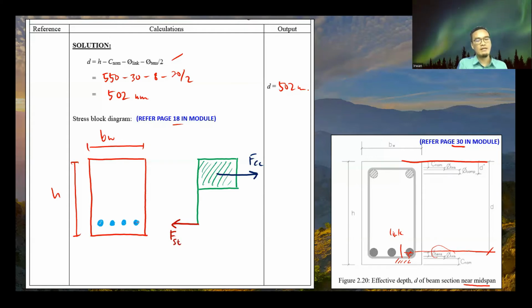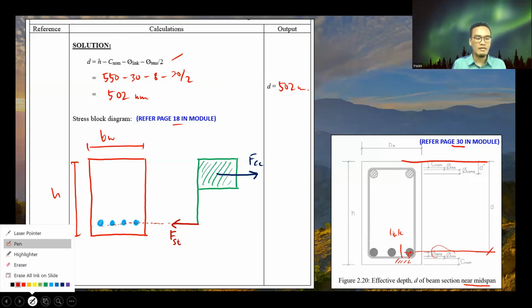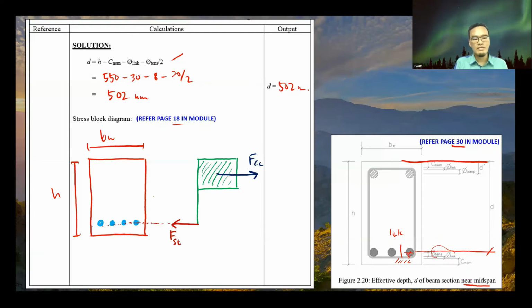It must be here, coinciding with the line of the centre of the steel reinforcement. Since this is very simple, this is the neutral axis, and here is your S, which is equal to 0.8x.